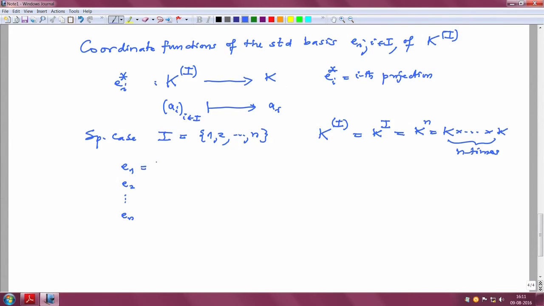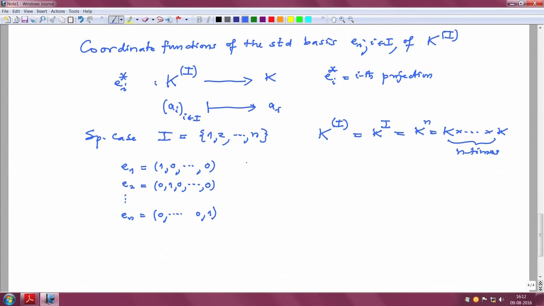E1 is the first position 1 and the remaining zeros, E2 is second position 1 and the remaining zeros, etc. En is the last position, that is nth position 1, and everywhere else it is 0.